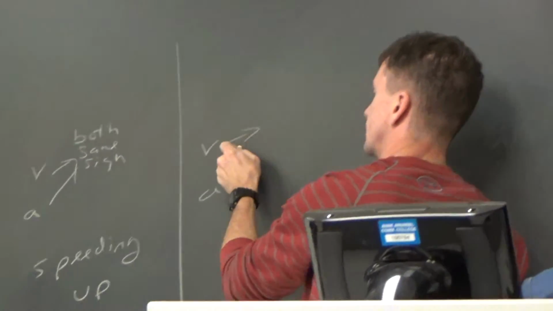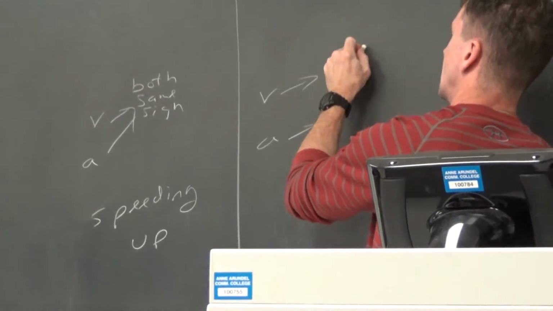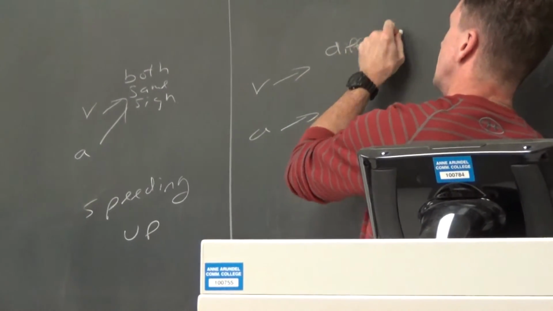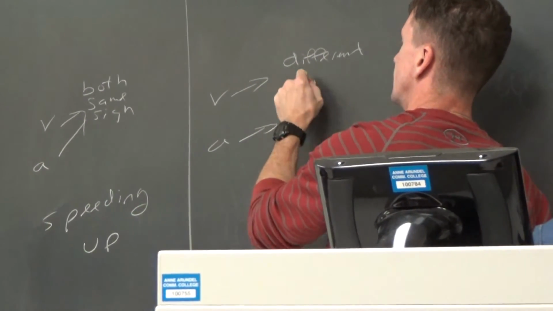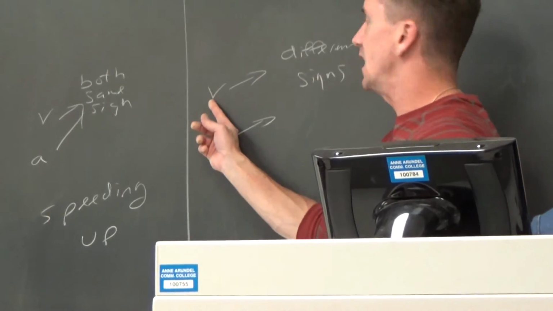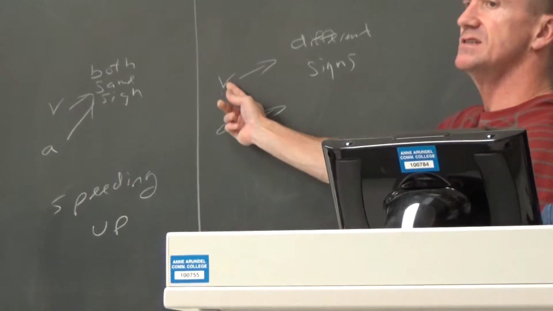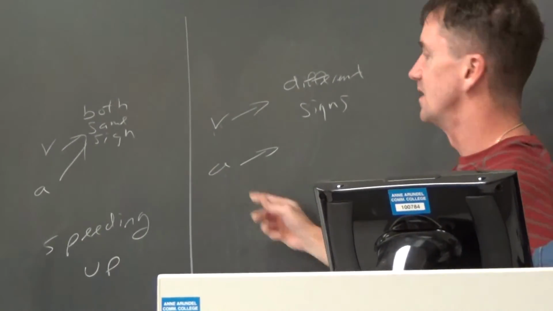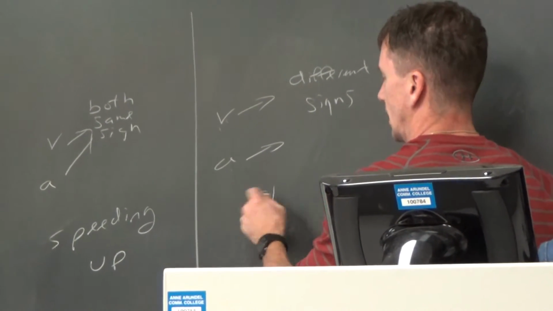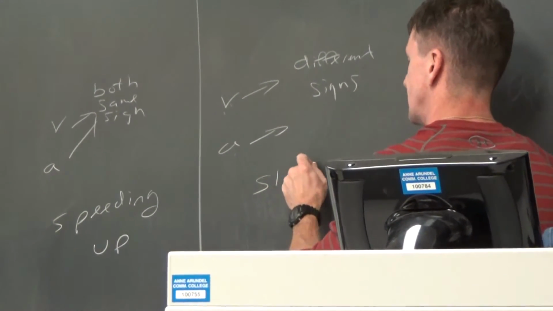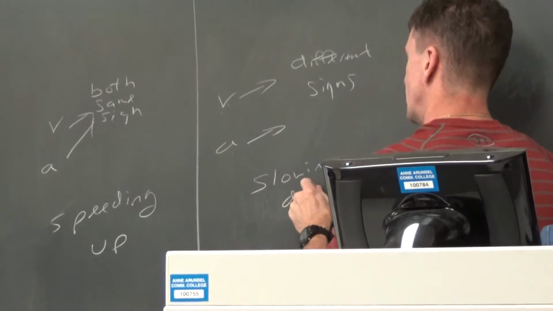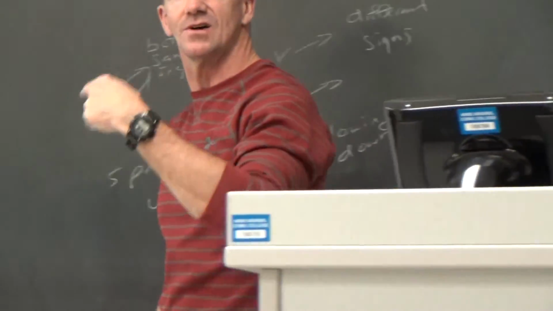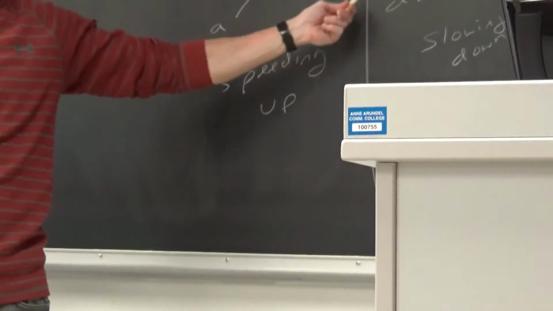If velocity and acceleration have different signs, one's positive, the other's negative, velocity's positive, acceleration's negative, or velocity's negative, acceleration's positive, what's going on with that particle? Slowing down, yep. That is absolutely true. You can use that to analyze it and solve that problem. That's a great little fact to know.